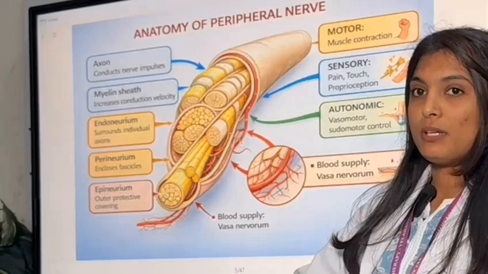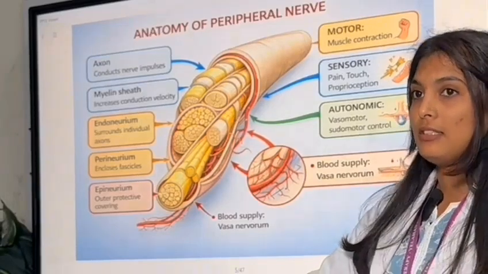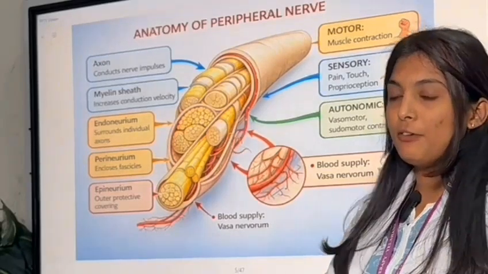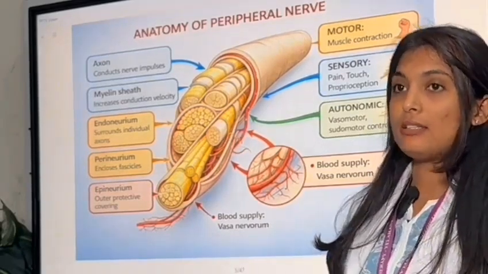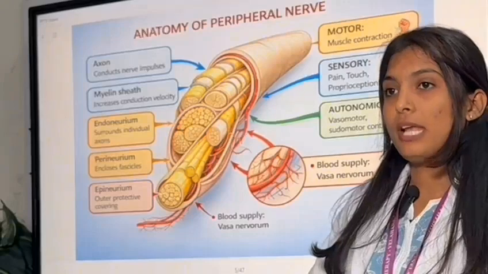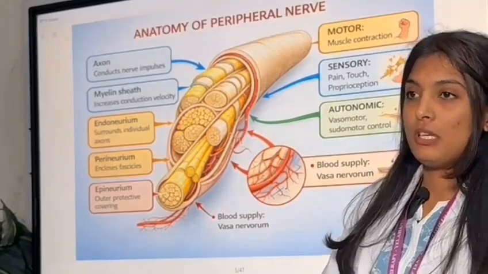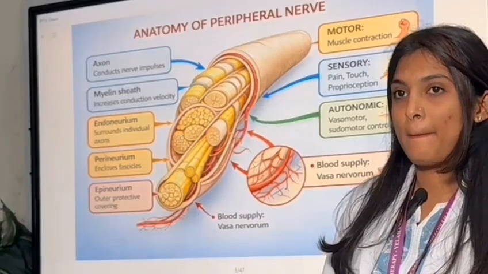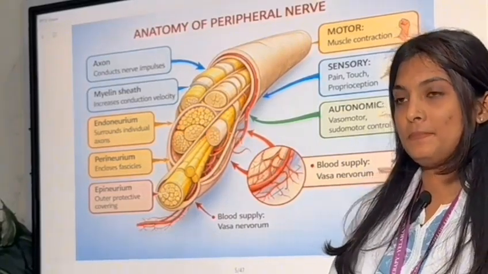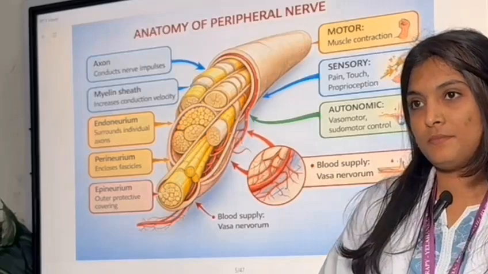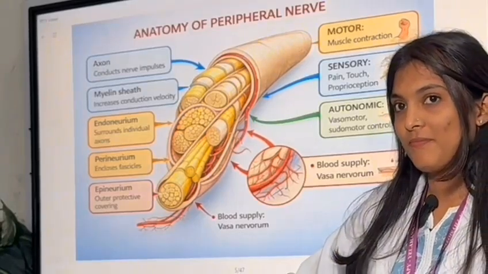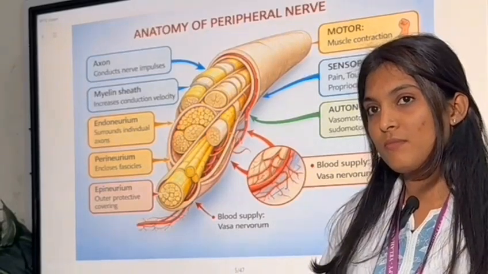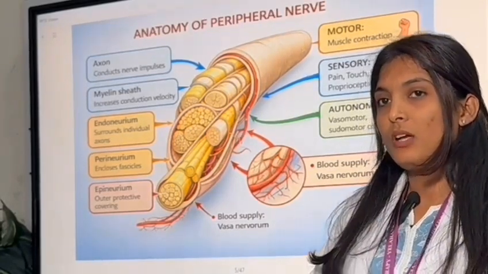Whenever there is injury to the peripheral nerve, the vasomotor control and the pseudomotor control are damaged.